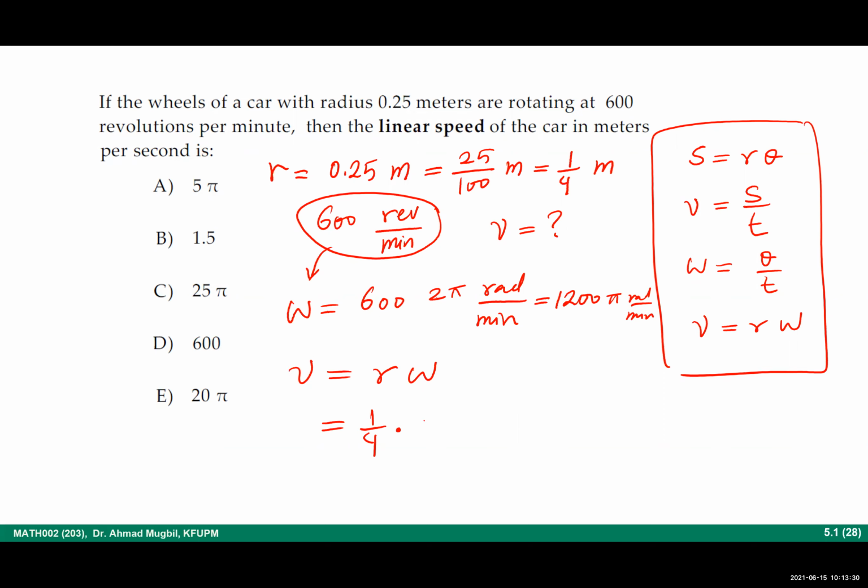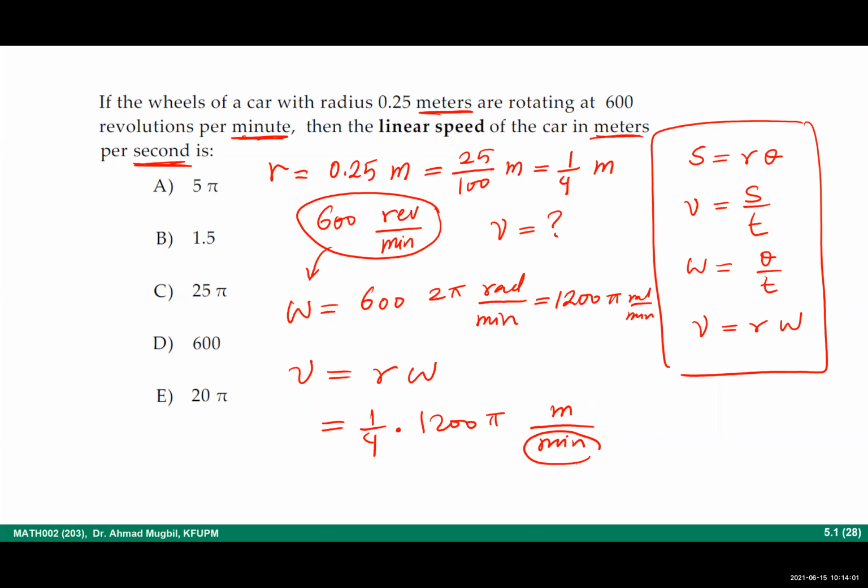So this is equal to what? 1200 pi per minute, not radian here because this is a linear speed. So the units will be, of course, the length units. What is the length units? Meter per second. We have here meter, so it is the same units. The problem here is that we have per minute, but he wanted per second.